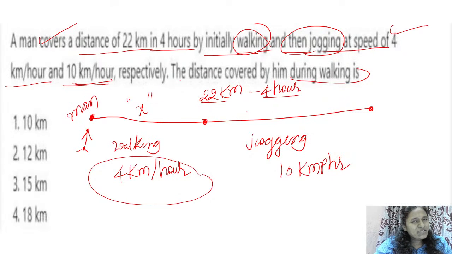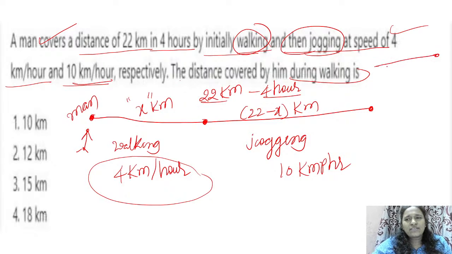Then what is the remaining distance? If walking is x kilometers and the total is 22 kilometers, then the remaining distance is 22 minus x, right? For example, the total is 10 kilometers. If walking is 3 kilometers, then jogging is 10 minus 3, that is 7.